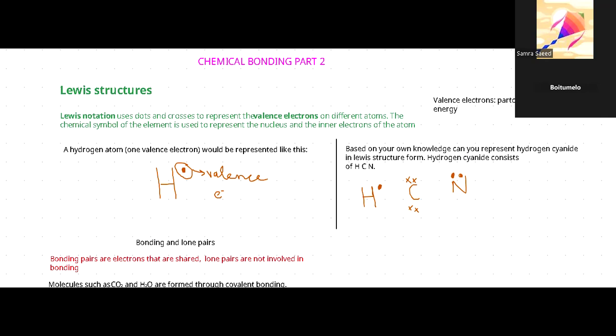So let's draw it properly, how it would be depicted. And these are the five valence electrons of nitrogen. So let's look at the main atom, which is carbon over here.